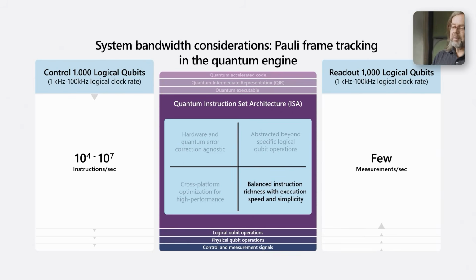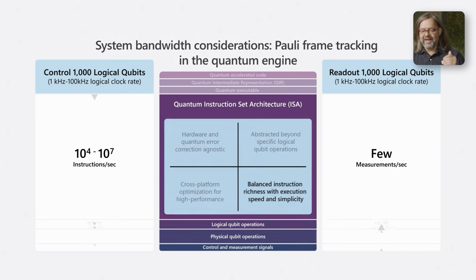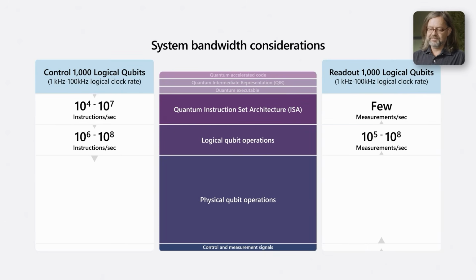Let us now go even deeper from logical qubit operations to the physical ones. And there, the first question is, how many physical instructions will I have to issue? And how many measurements will I get back? For that, let us recall the overhead of quantum error correction.